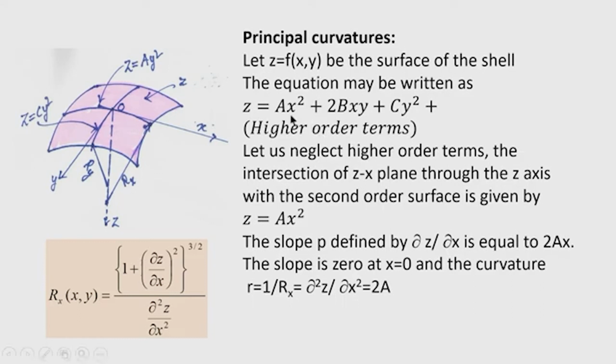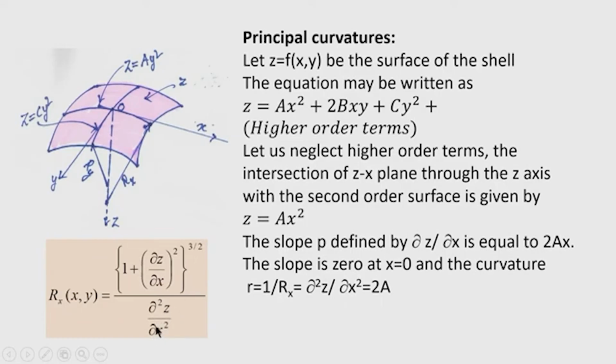Now, you can see the radius of curvature at any point x y on the surface, parallel to the x direction, can be found by this formula that is well known in differential calculus: 1 plus del z by del x square raised to the power 3 by 2 divided by del square z by del x square.